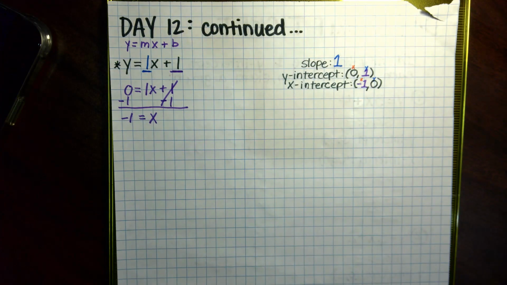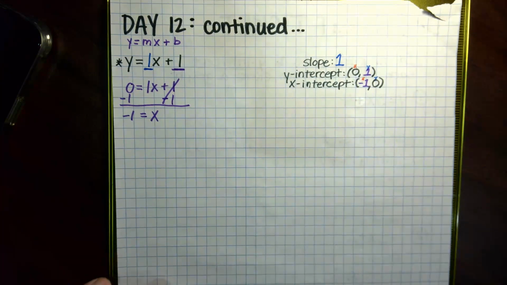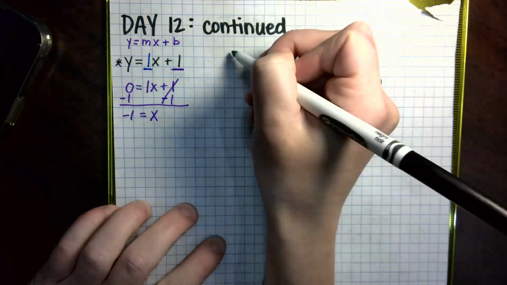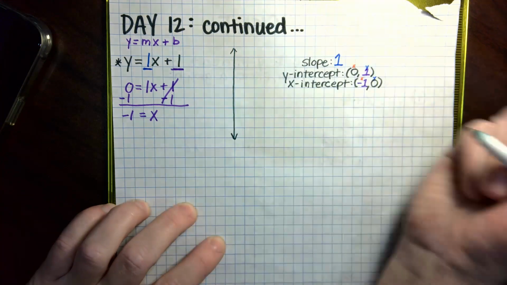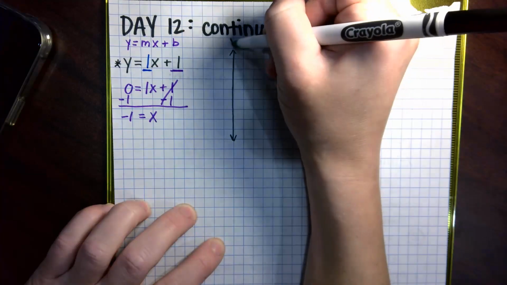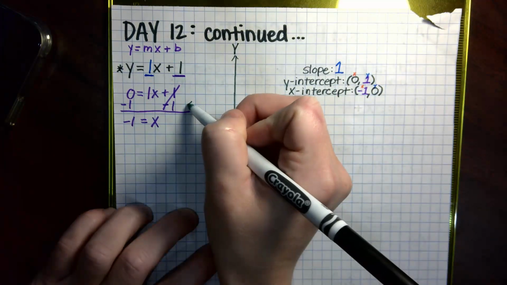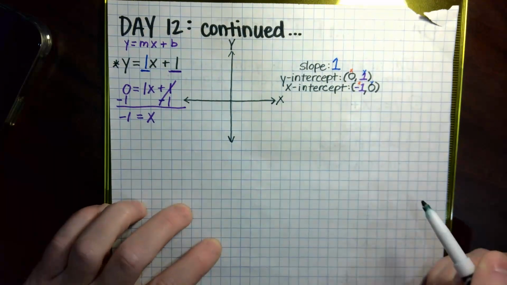All right, so now that we have identified our slope, our y-intercept, and our x-intercept, we are going to graph this line. So we first need to go ahead and make our coordinate plane and label our x and y axis. So I am going to draw an up and down line here for my y axis, and I need to label it. And same thing for the x, and then we'll label it.